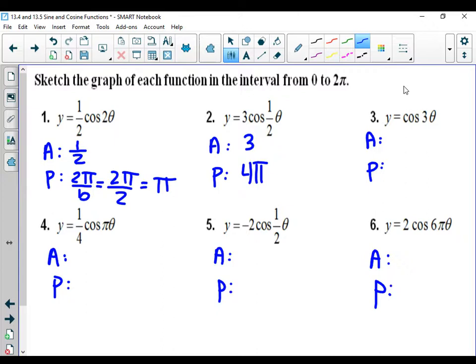All right, number 3. 1 and 2 pi over 3. Excellent. What about number 4?